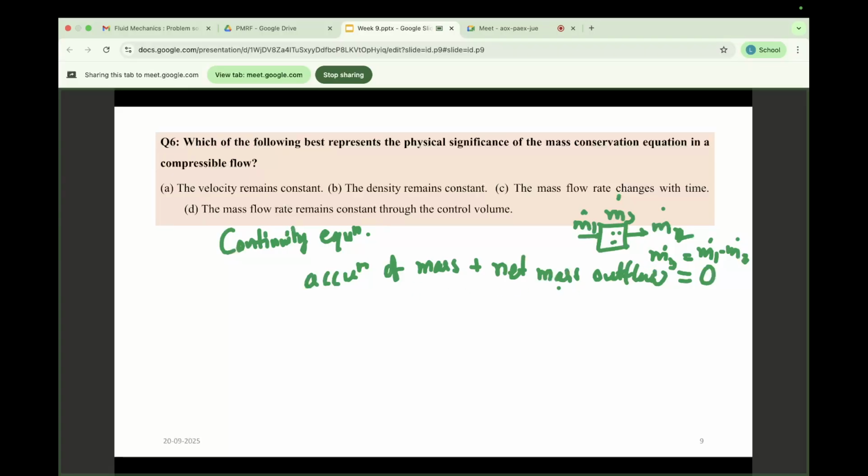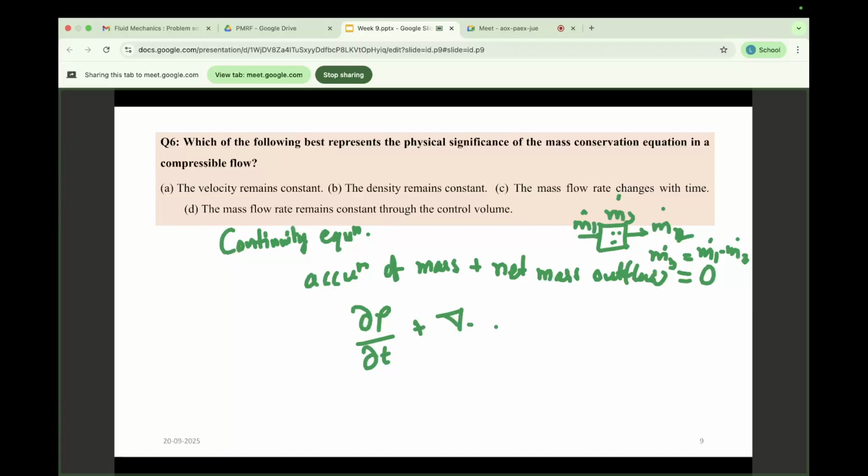That is the basic difference. In general terms, accumulation of mass can be written as the change in density per unit time. If something is flowing through a volume and accumulating there, it is accumulating with respect to time. That's why it is ∂rho by ∂t plus net mass flow.